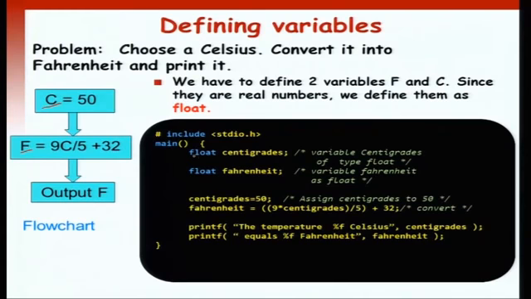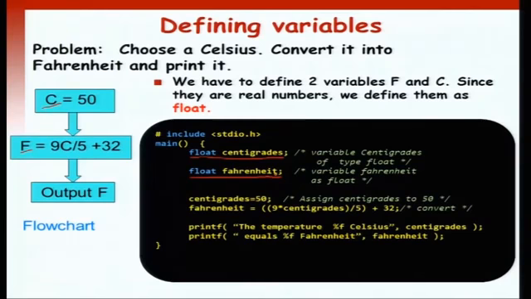One is the variable declaration float centigrades, and the second is another variable, float Fahrenheit. Centigrades corresponds to C in the flowchart, and Fahrenheit corresponds to F in the flowchart. So I write the following code, which is supposed to implement the flowchart on the left.